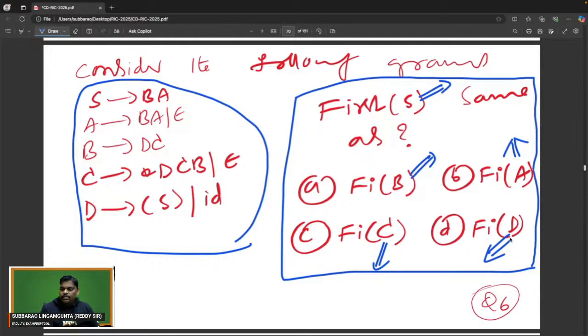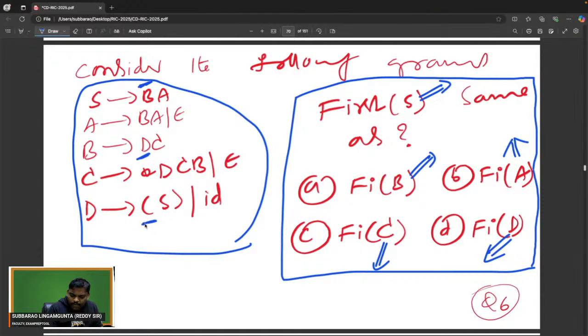Let's try here. What is first of S? First of S is first of B. So let's find out what is first of B. Go there: first of D. What is first of D?